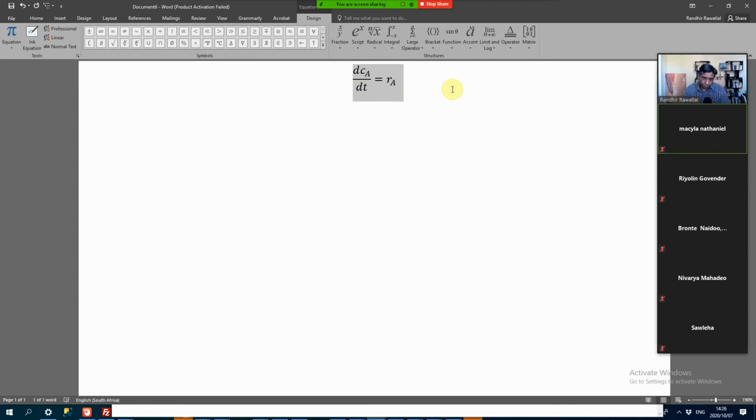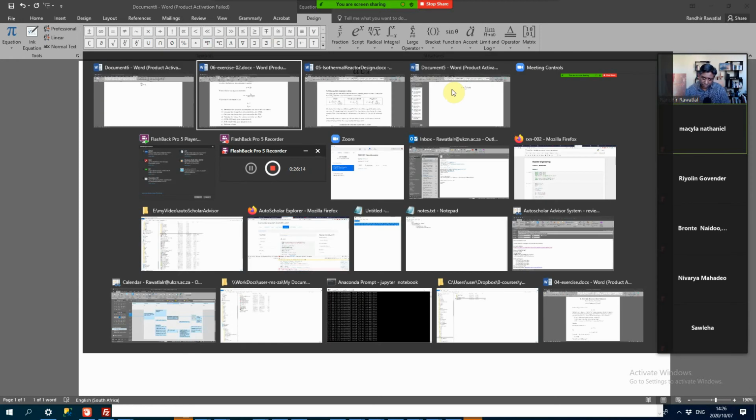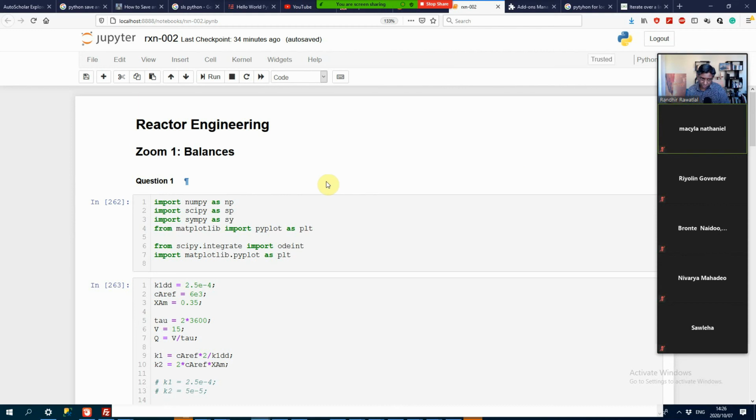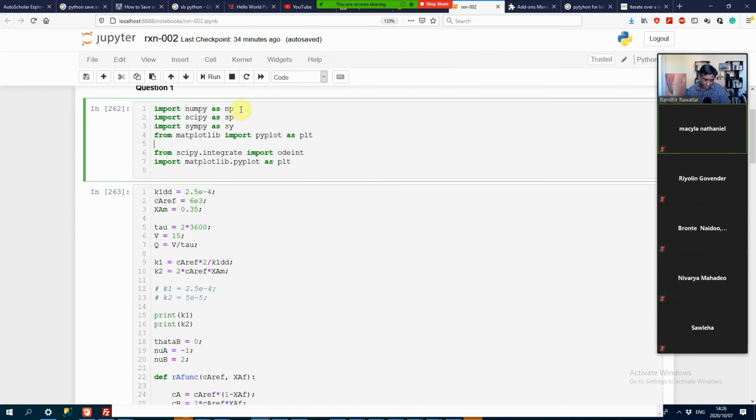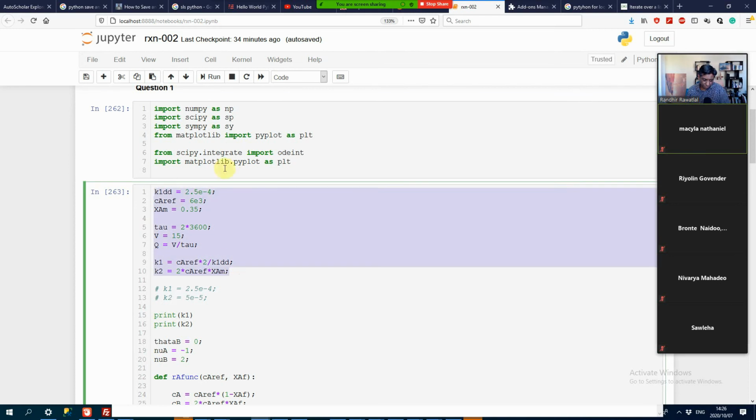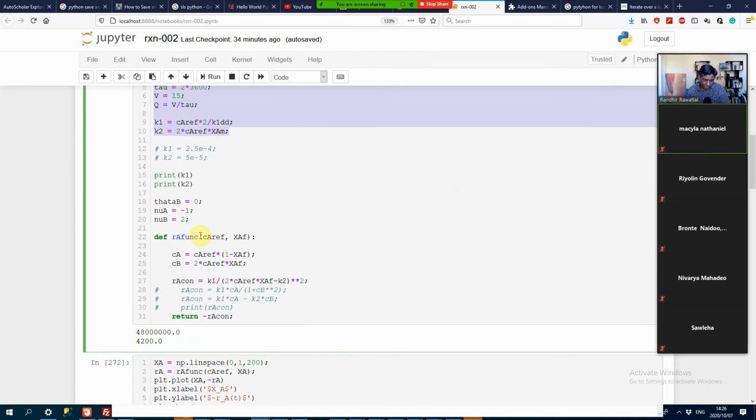and get a sense for how the kinetics work in that case. So let's first just simulate that batch reactor, and to do that, of course, we take out our trusty Python, and so here I've put in some specs for the problem, and here's the rate expression.